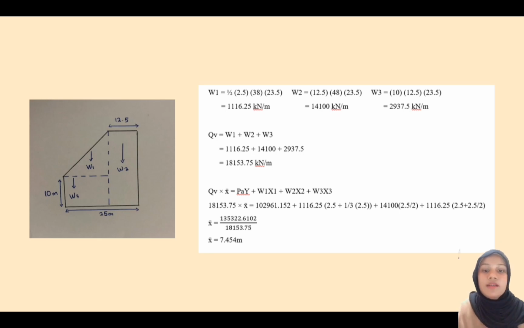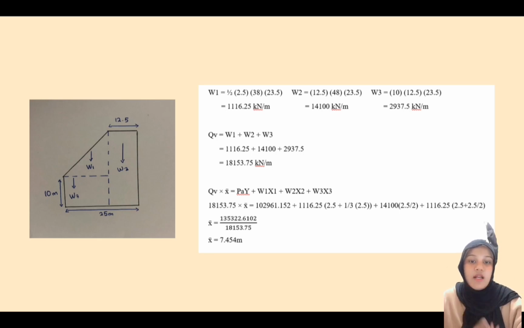Okay. Next, we have to find X bar, using the formula QV multiplied by X bar equal to PAY plus W1X1 plus W2X2 plus W3X3. So we fill in the value, and then we got X bar equal to 7.454 meter. Alright.